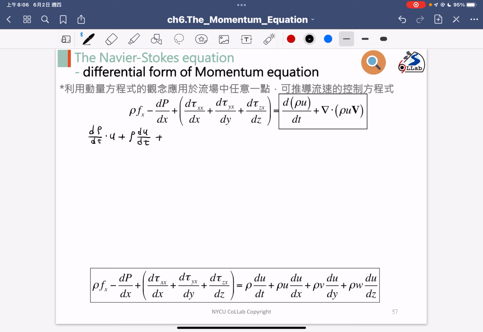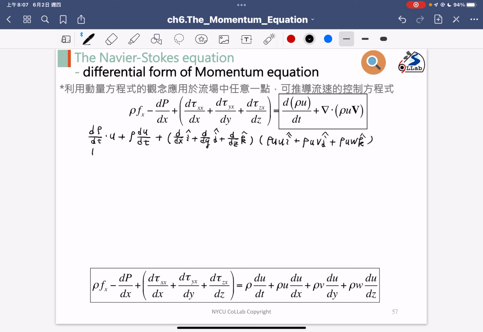And we expand the differential vector: d/dx with the i direction, plus d/dy with the j direction, plus d/dz with the k direction, and multiply the ρu i direction, plus the ρv j direction, plus the ρw k direction.